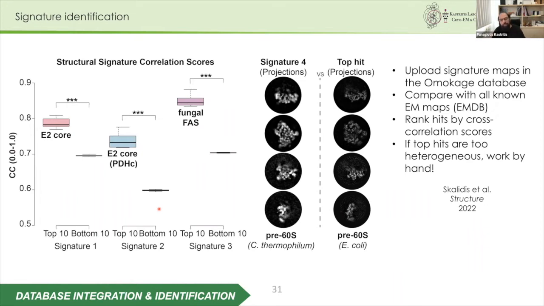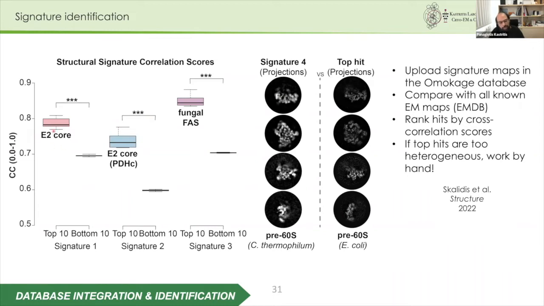So with this shape cross-correlation, for 3 of the signatures, it worked. Because there were structures of similar shapes and of homologous organisms in the EMDB and PDB, we could basically annotate the 3 signals.